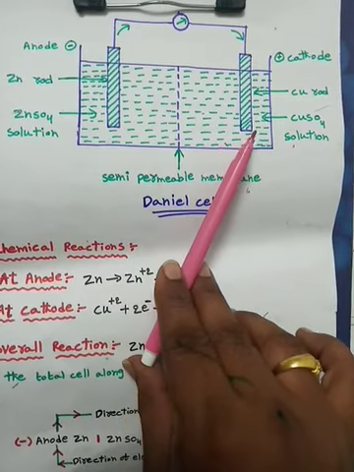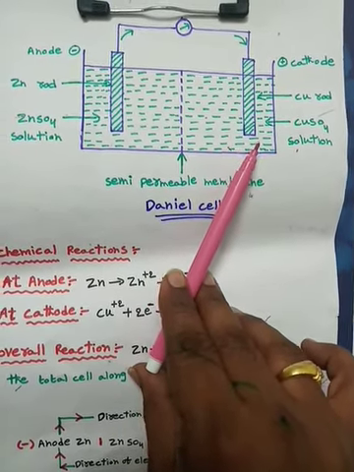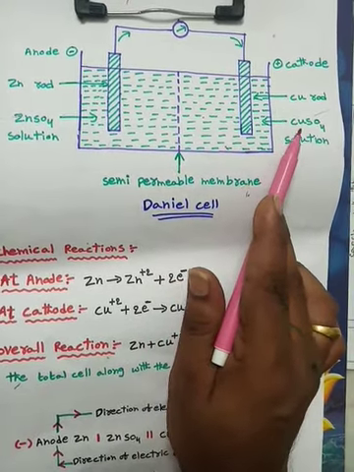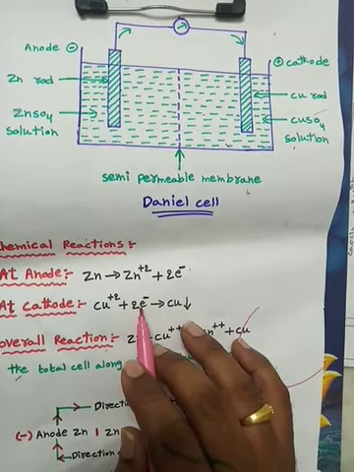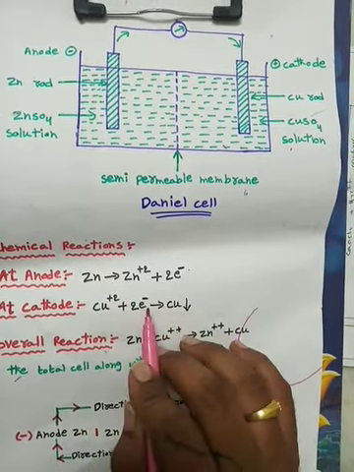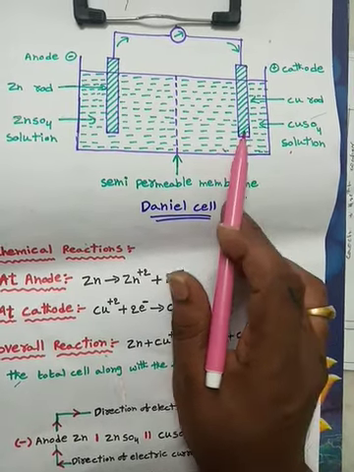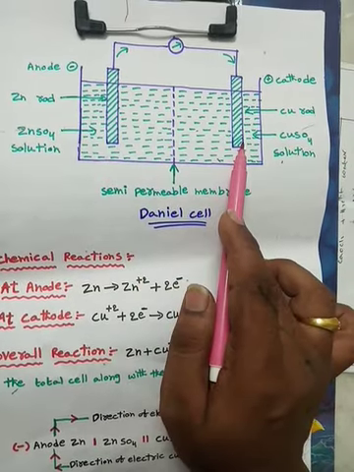You know that at the cathode reduction takes place. Reduction means gaining of electrons. So copper ions present in the solution gain the electrons from the anode to produce metallic copper. In this way, all the electrons move from anode to the cathode.